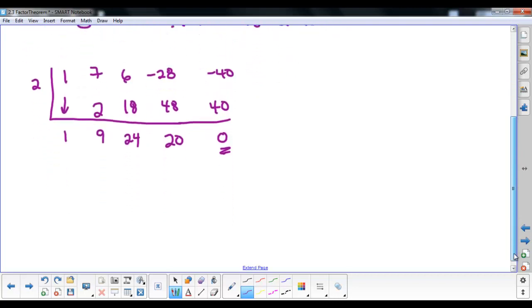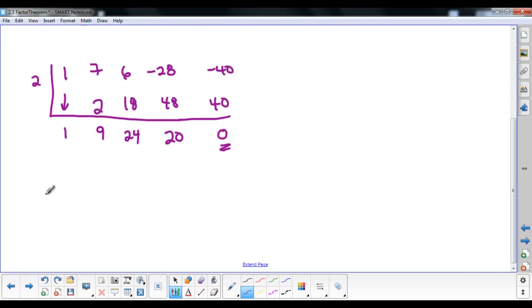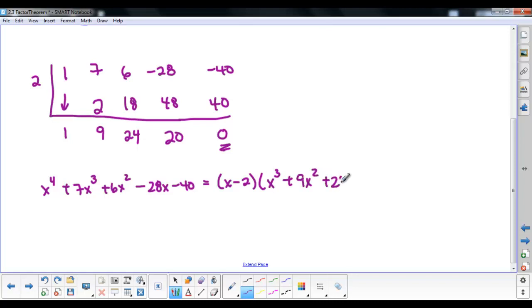Okay, so let's write this out as a statement. So our dividend equals our divisor, so x minus 2, and our quotient, x cubed plus 9x squared plus 24x plus 20, and then plus our 0 remainder.